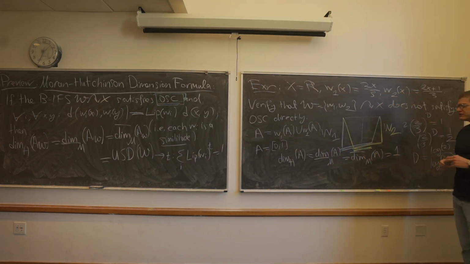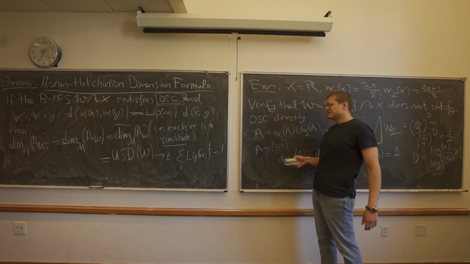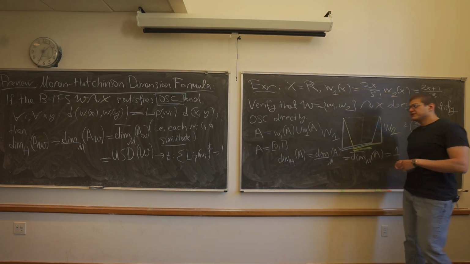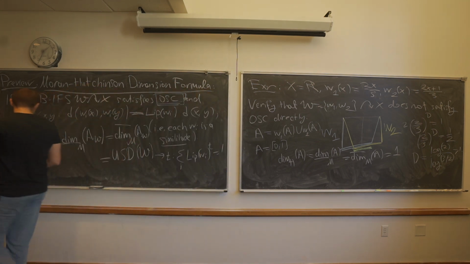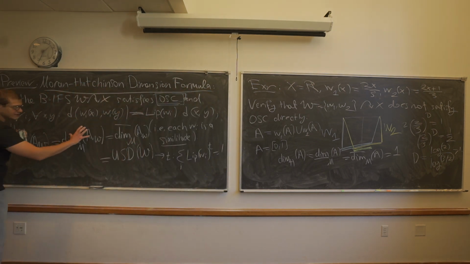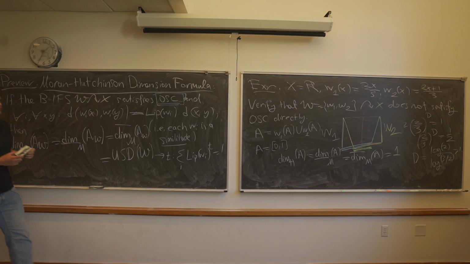We're going to look at how to deal with B-IFSs that don't satisfy the open set condition. There's a bunch of other things as well. After that, we're going to switch over to dimension theory, where we're going to spend some time discussing the definitions of these numbers. We're going to compare them. We're going to start using them. And then ultimately, we're going to prove either this or a slightly more general version of this.